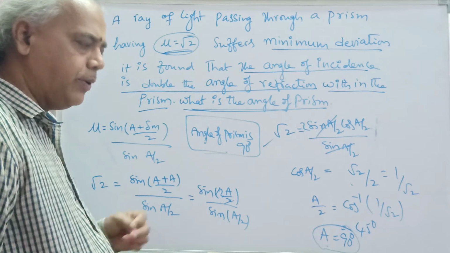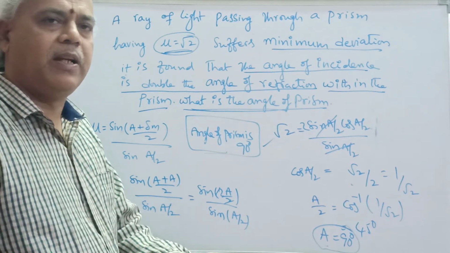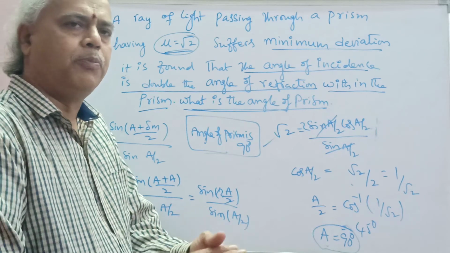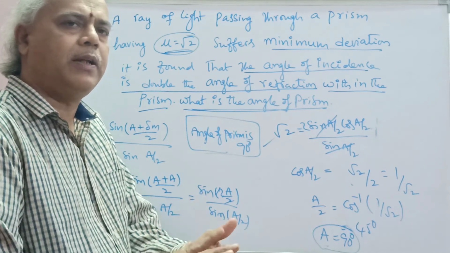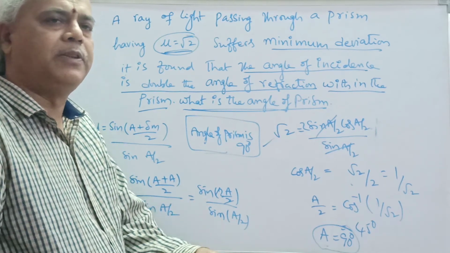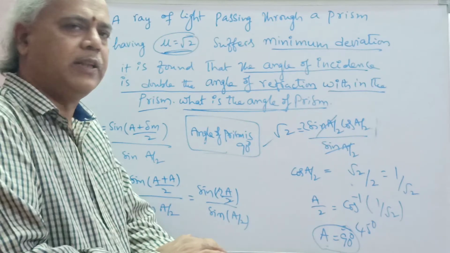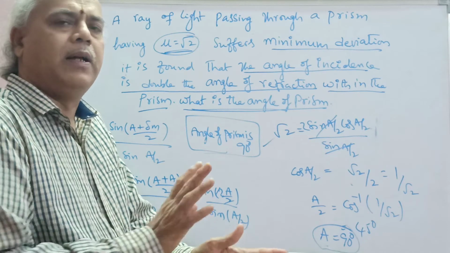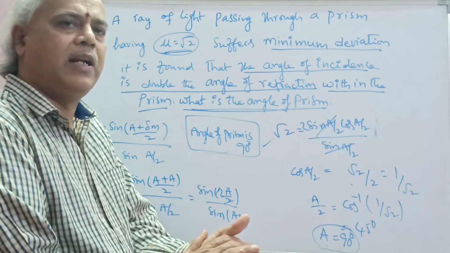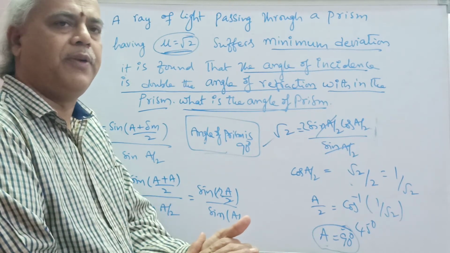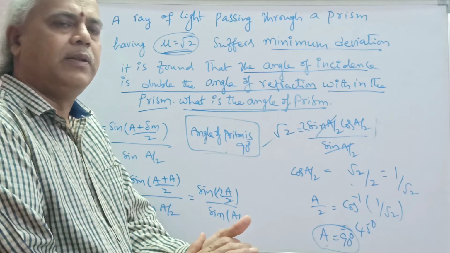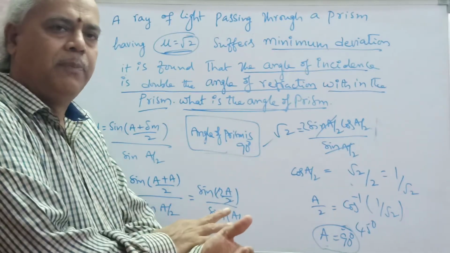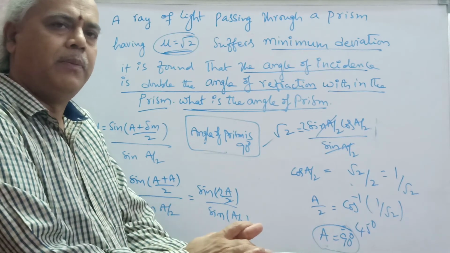Dear students, in this academic year 2020 and 21, some portion is deleted, but in the ray optics chapter this portion is present. The deleted portion is the reflection of light through concave mirror and convex mirror, but the refraction through prism and plane surfaces are present.